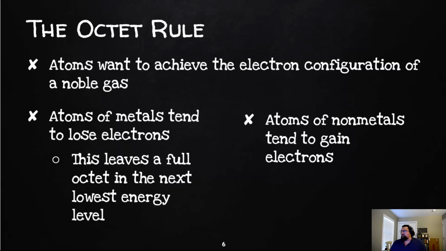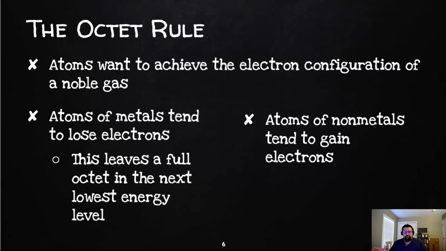So why does this occur? That's because we have this octet rule, where all atoms want to have the same electron configuration as a noble gas. If you have something like oxygen, it wants to become neon, or have the same electron configuration, because when we look at the shells and the orbitals, everybody wants to have filled orbitals in that p.